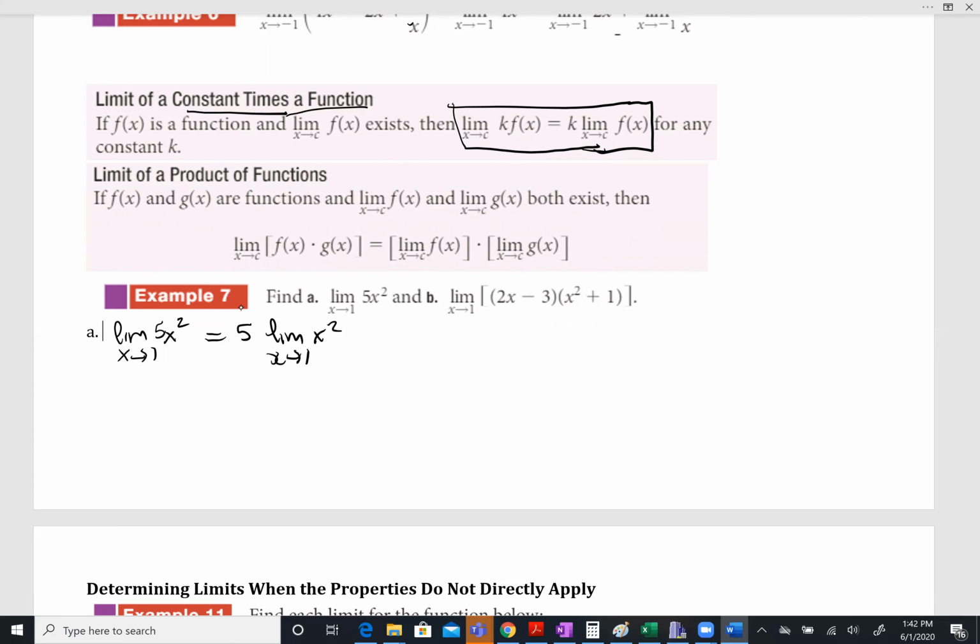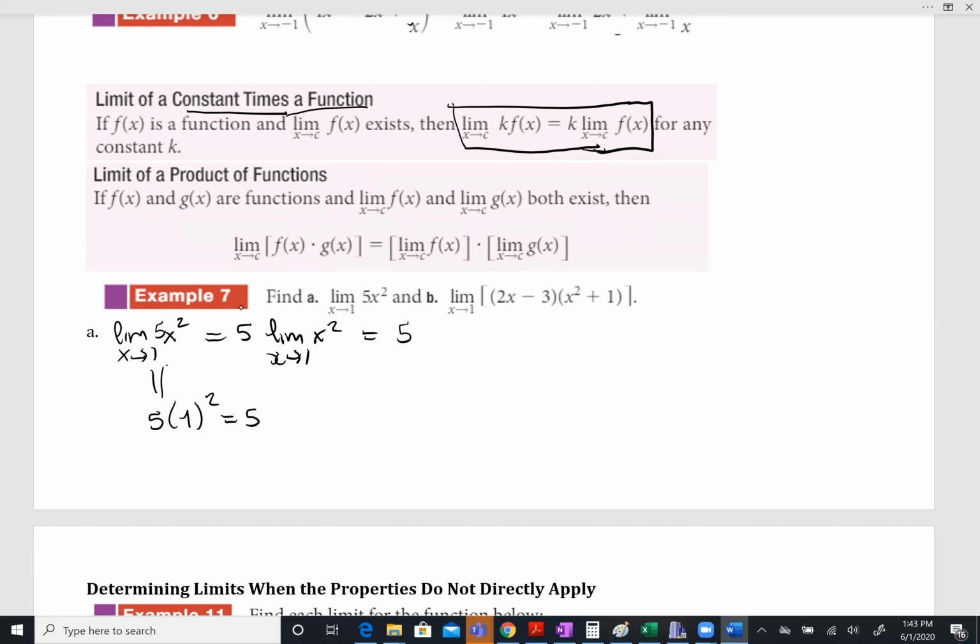But actually, usually I'm going to just directly substitute because this is a polynomial. So in another way, I just have 5 times 1 squared, equal to 5, right? For the first method, after I move out the number 5, I can directly substitute into the limit.